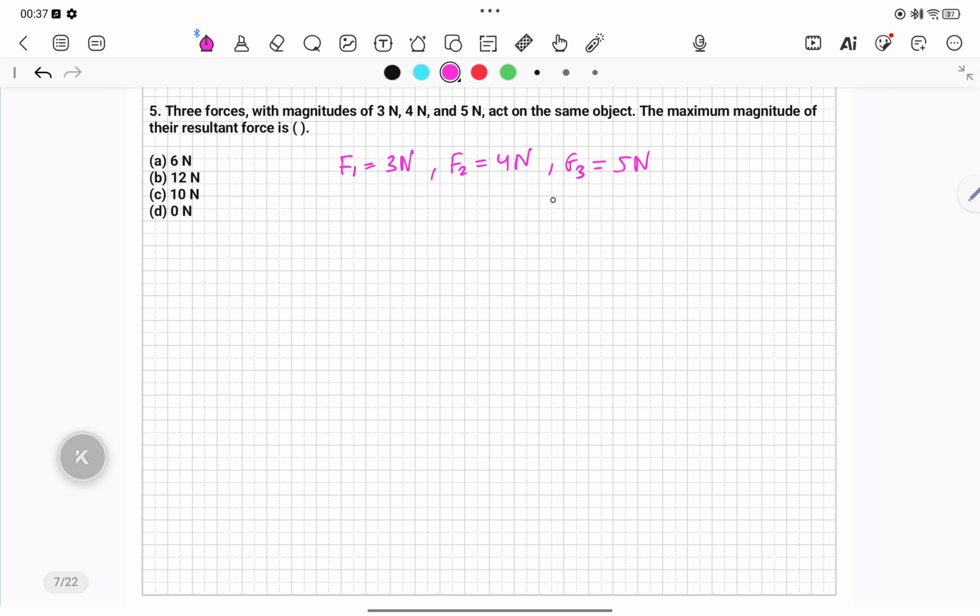And we have to calculate the maximum resultant force. So the maximum resultant force will be equal to the sum of all these forces, that is F1 plus F2 plus F3. So we will put F1, that is 3 plus 4 plus 5, which will be equal to 12 Newton. So option B is correct.